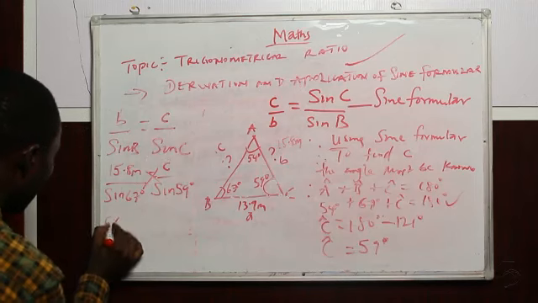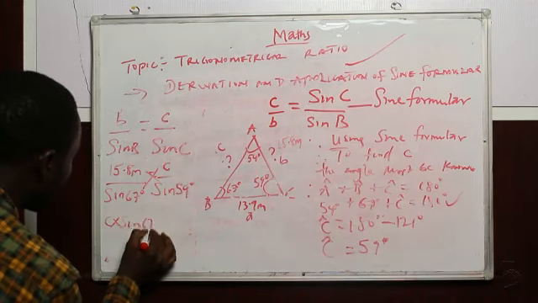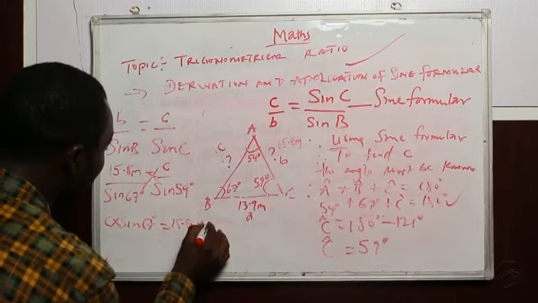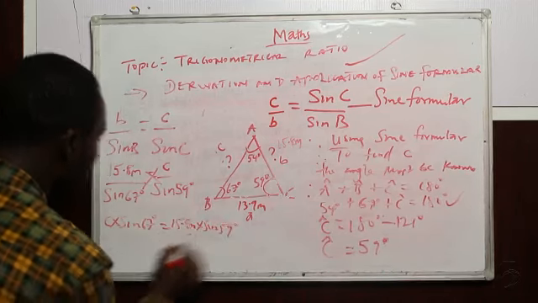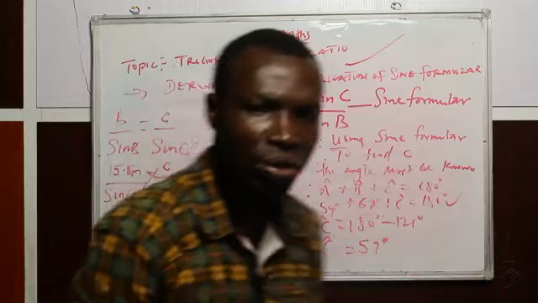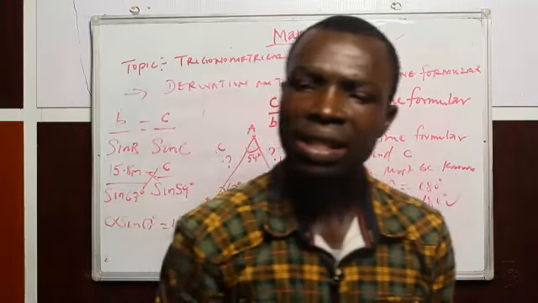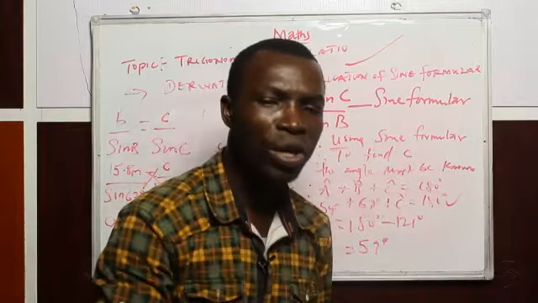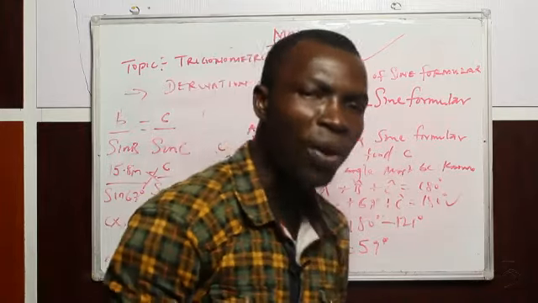Therefore, we have c times sine 67 degrees equal to 15.8 meters times sine 59 degrees. I would like us to still use our calculator here. Sine 59 degrees in your calculator should be 0.8572.